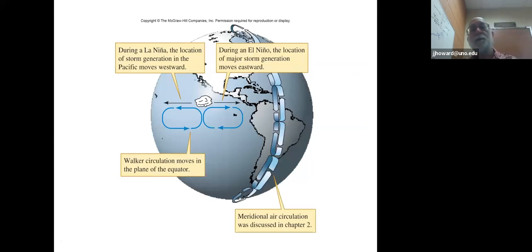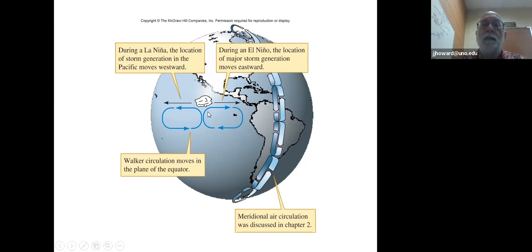So here's a diagram again to reinforce this. During a La Nina, that area of maximum heating of the ocean surface and the maximum hot water that's producing the maximum rising air and maximum rainfall moves over towards Indonesia. During an El Nino, it moves towards South America.